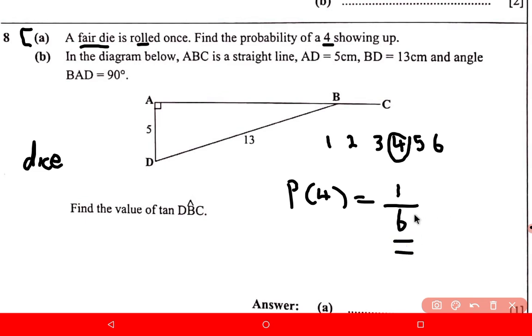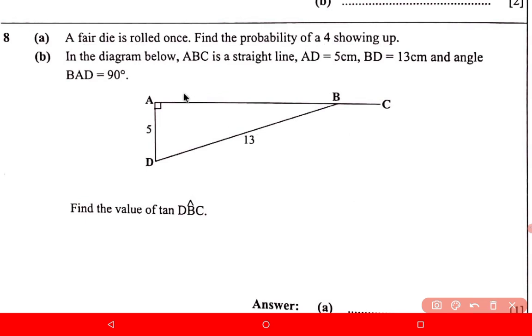Okay, for the next question, I wanted to solve it in the next video, but let me just quickly answer it. In the diagram below, ABC is a straight line, AD is 5, BD is 13, and angle BAD is 90 degrees.